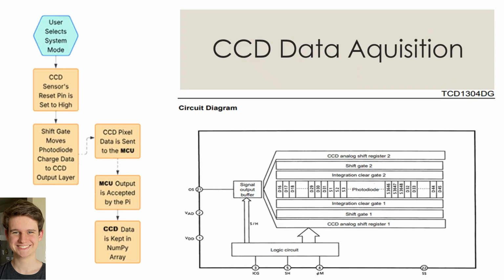The output of the spectrometer is obtained from the CCD sensor. This is done using the ESP32 on the PCB. The CCD sensor has pins for supply voltage, ground, and output, which are all connected to the board, as well as pins for clock, shift, and clear gates that drive the output of the CCD. These three pins receive timed voltage signals using the pulse width modulation channels on the MCU.